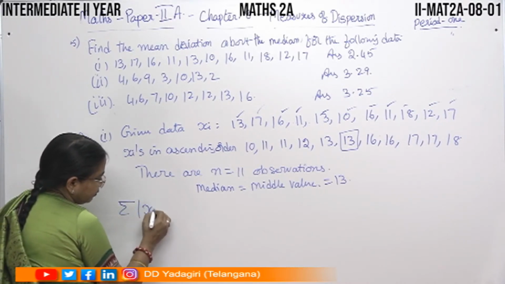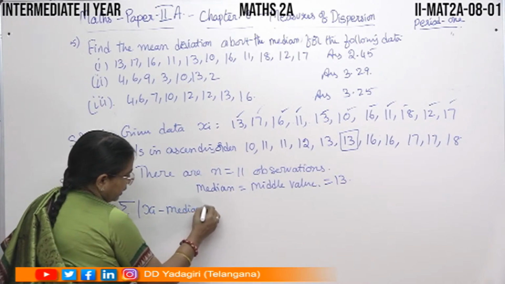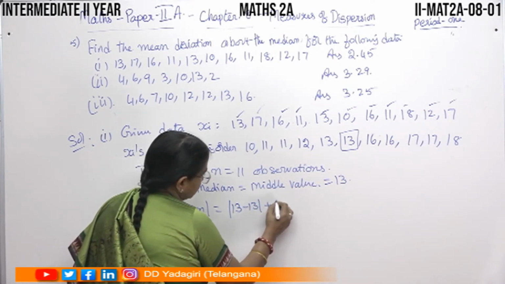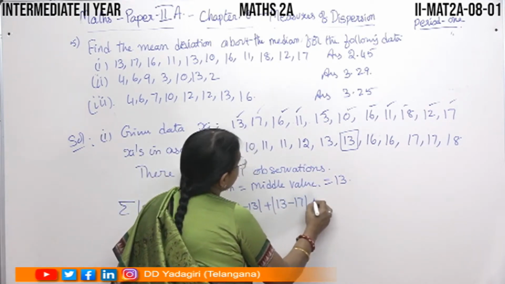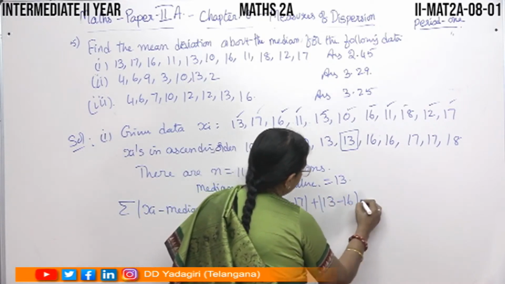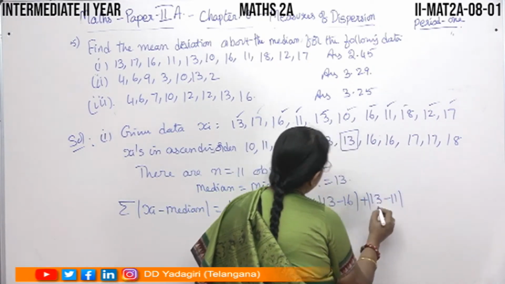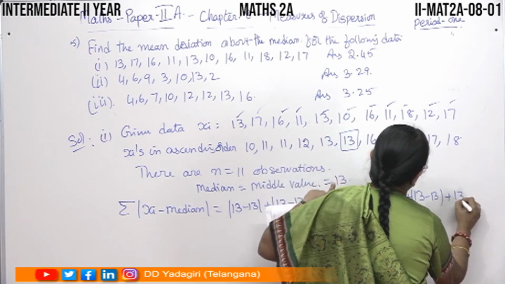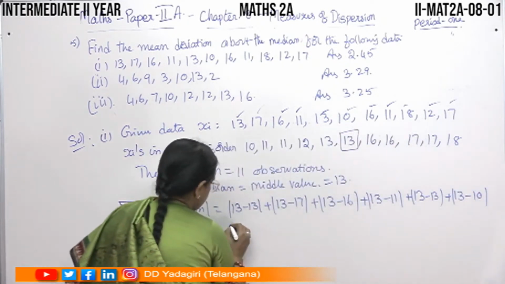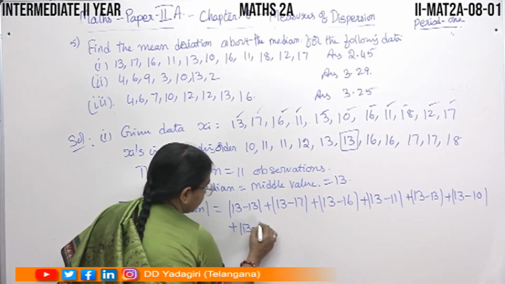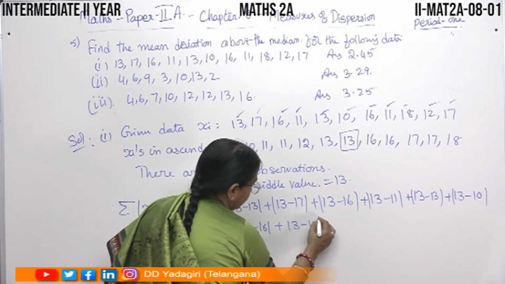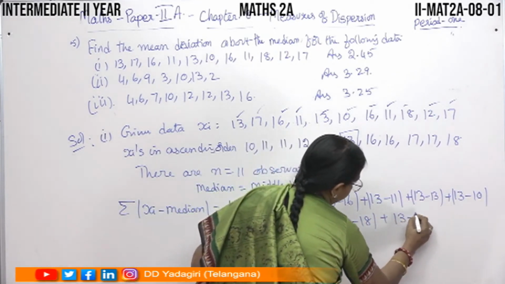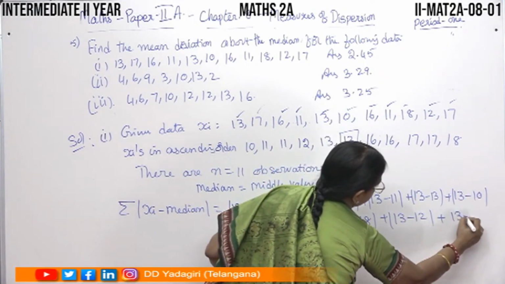Okay, now find sigma of mod of xi minus median. That is equal to mod of 13 minus 13 plus 13 minus 17 plus 13 minus 16 plus 13 minus 11, then again plus 13 minus 13 plus 13 minus 10 plus 13 minus 16 plus 13 minus 11 plus 13 minus 18 plus 13 minus 12 plus 13 minus 17.